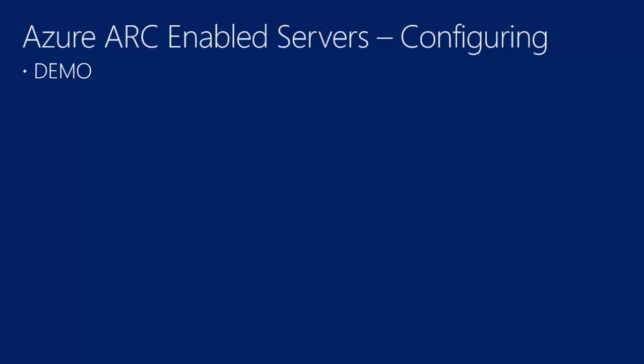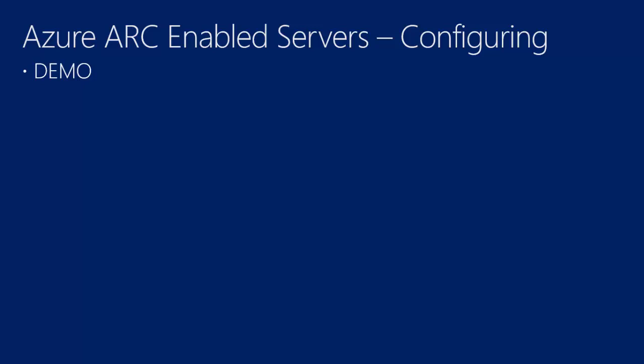It doesn't affect my ability to do anything, as far as I can tell, could be wrong, with my Azure Arc enabled server right now, because the service principal really was used to help install it. I'm going to show you how to do the service principal creation in the UI, but know that you can also use Azure PowerShell as an example to create your service principal. It's really up to you how you decide to do it, but let me show you what it looks like in the Azure portal.